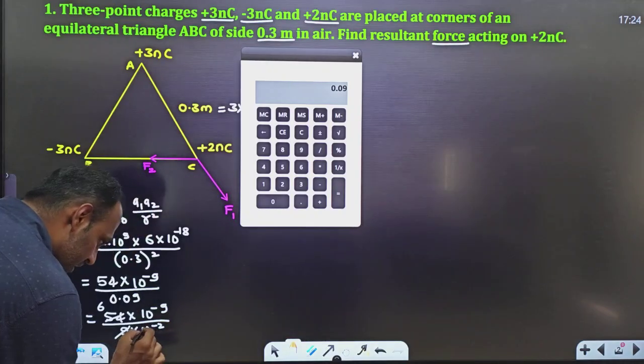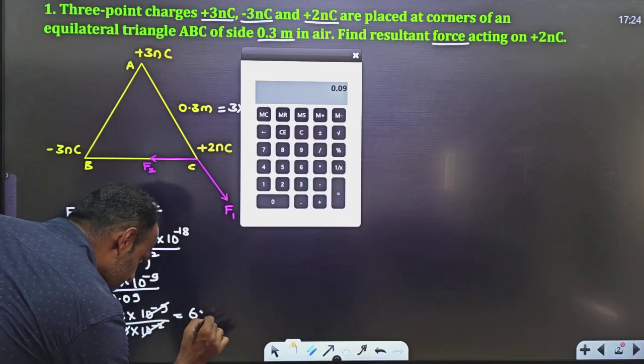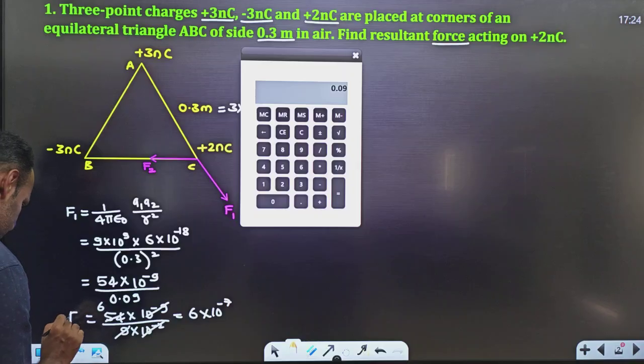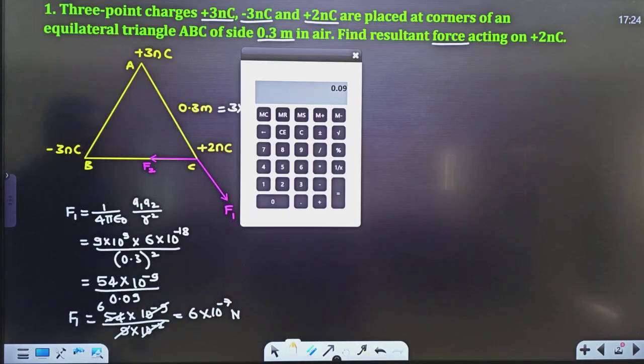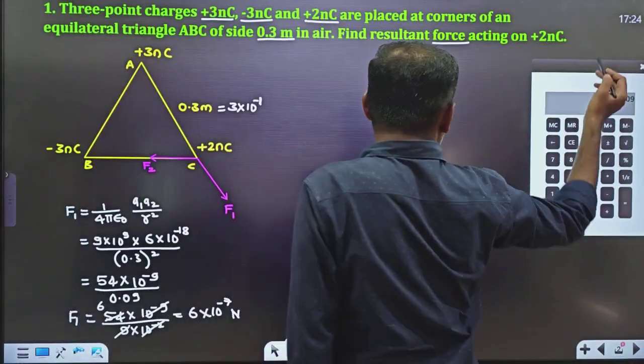So with the minus 2 moving up, I will get 6 into 10 to the power minus 7. This is F1: 6 into 10 to the power minus 7 Newton. We got F1.